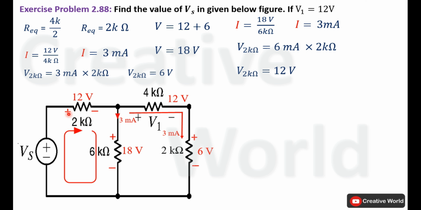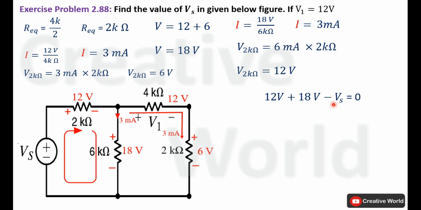Start from here. Current entering terminal is positive, so 12 volt will be taken with positive sign. Next, current entering terminal is positive, so 18 volt will be taken with positive sign. Next is voltage source. Current entering terminal is negative, so voltage across this voltage source that is labeled as Vs will be taken with negative sign.